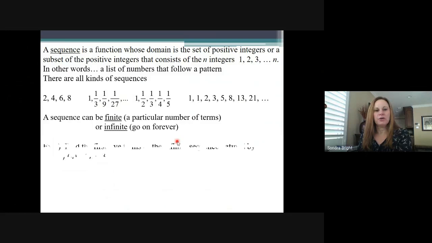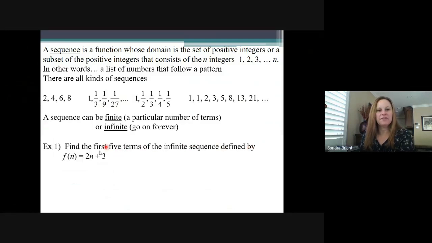All right, so let's do an example. We want to find the first 5 terms of the infinite sequence defined by, so here they give you an explicit rule. They tell you exactly how to find each of the terms. You start by just plugging a 1 into n to get the first term. That would be plugging a 1 into here. It would be 2 times 1 + 3, which gives you 5. Plugging a 2 into n will give you 4 + 3, which is 7.